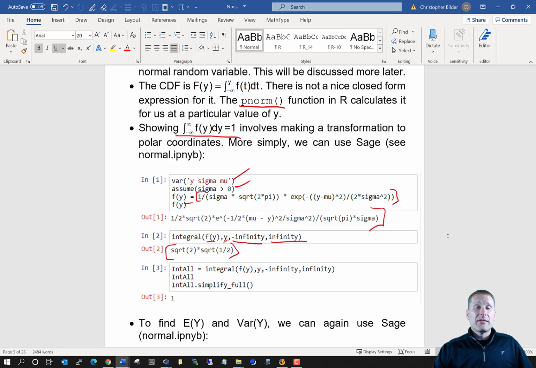For some reason, Sage cannot automatically simplify that to 1, so what can we do? We could save the results into a variable called int_all, for lack of a better name. And if we say int_all.simplify_full, Sage does do the simplification for us.